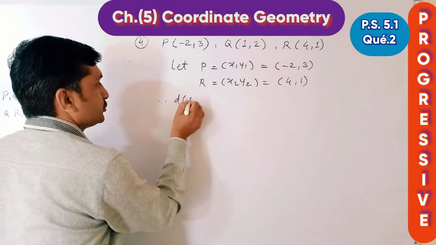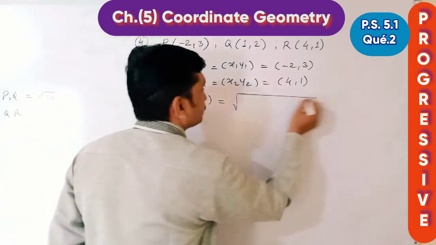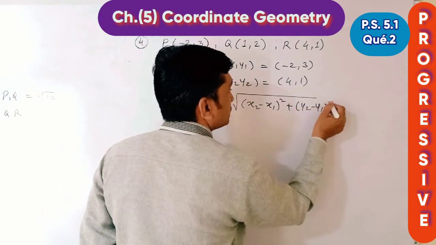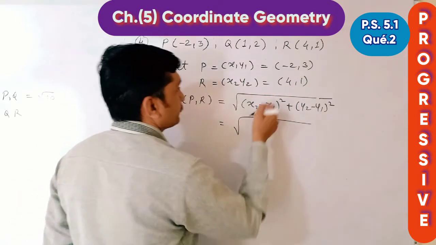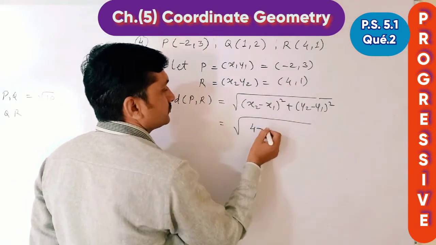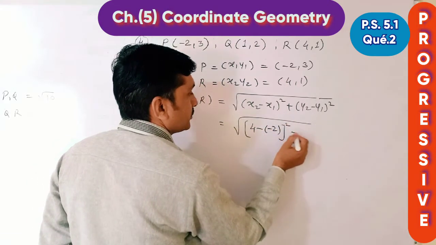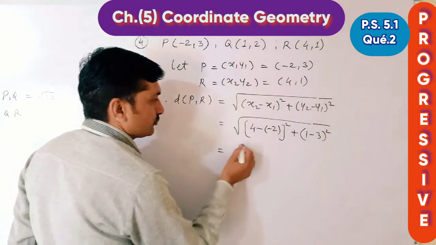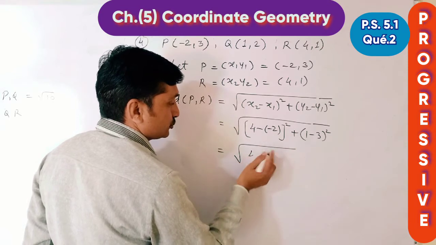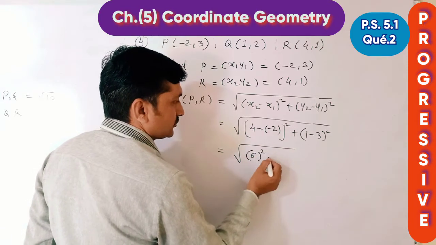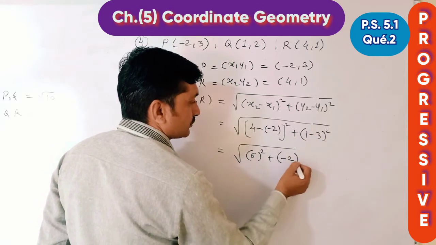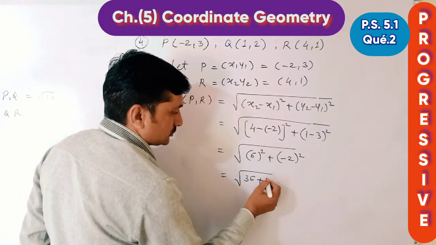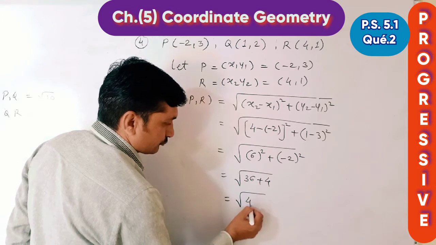Therefore distance PR is equal to square root of (x2 - x1)² + (y2 - y1)², which is square root of (4 - (-2))² + (1 - 3)², that is 4 + 2 = 6, so 6² = 36 plus (-2)² = 4, equal to root 40.